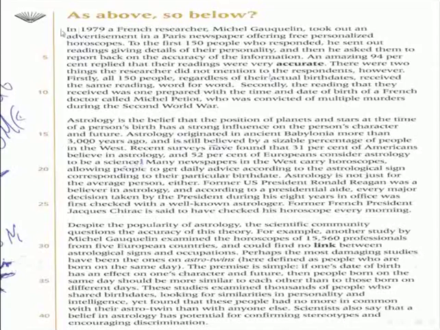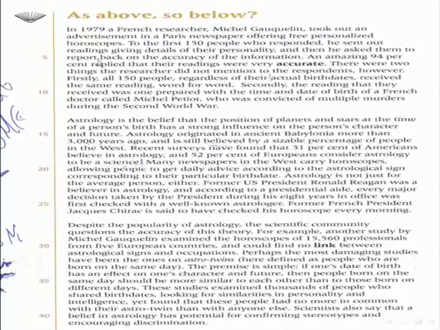Right. Let's start. In 1979, a French researcher, Michael Gauguin, took out an advertisement in a Paris newspaper offering free personalized horoscopes to the first 150 people who responded.